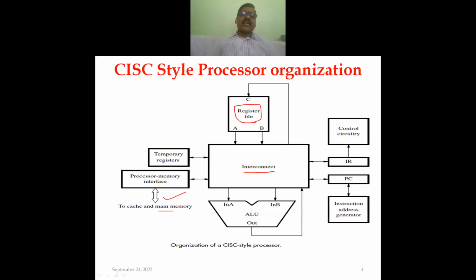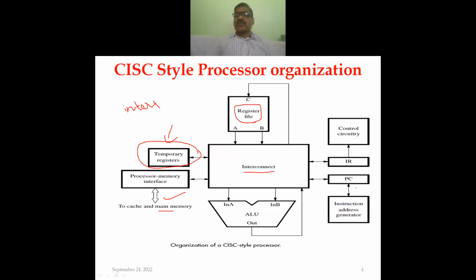We are also using temporary registers, because these provide a service similar to the interstage registers which we used in the RISC data path while executing instructions. Those interstage registers are not available in CISC style processors, so in place of them we use these temporary registers.